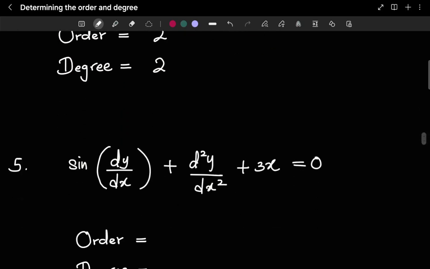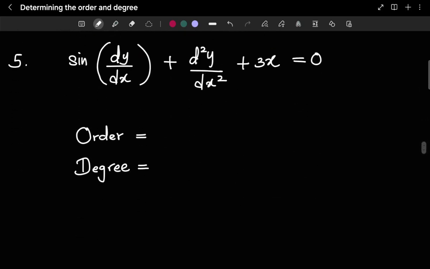Okay, moving on to the last question, fifth one, we have sine dy by dx plus d squared y by dx squared plus 3x equals 0. So determining the order, we have the d squared y by dx squared term, second derivative of y, so we can write order as 2.